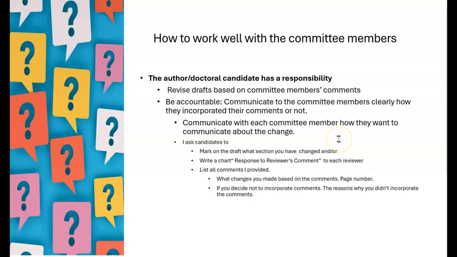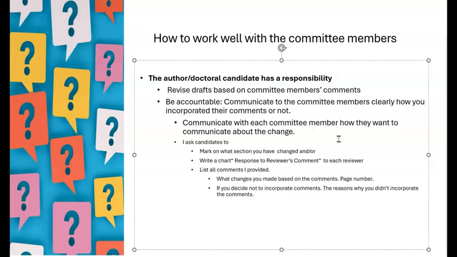This is a continuation from the previous slide, but you do have a responsibility to revise your drafts based on committee members' comments. It is important that you are accountable. This means that you have a responsibility to communicate to your committee members clearly how you incorporated their comments.